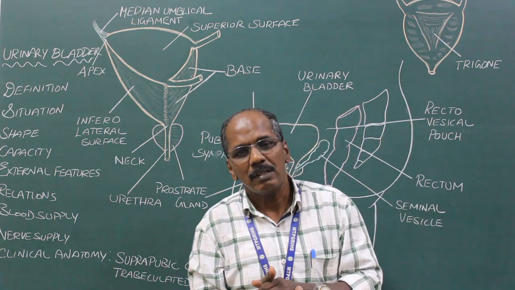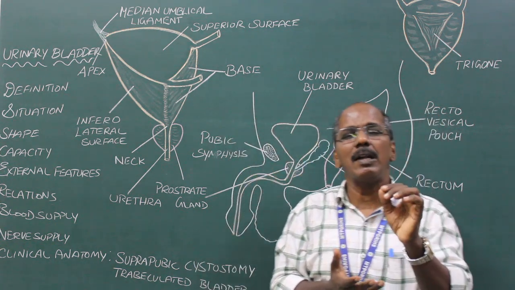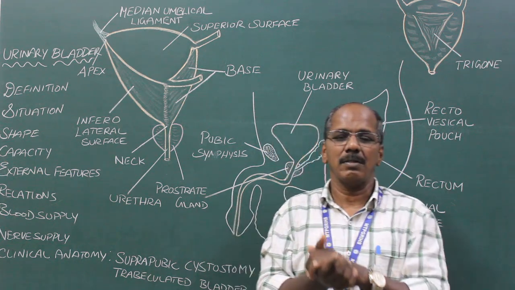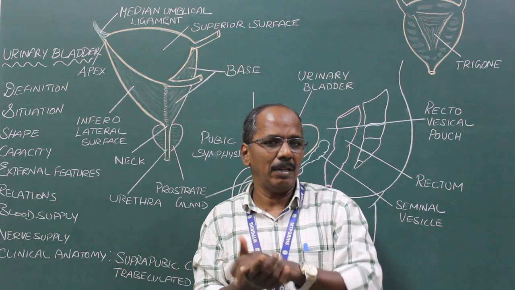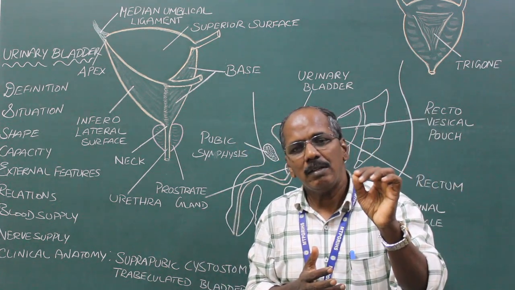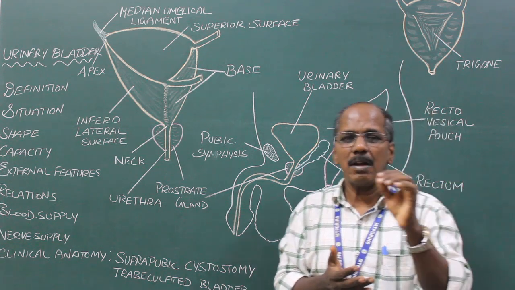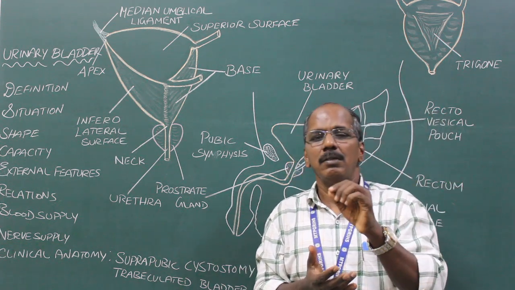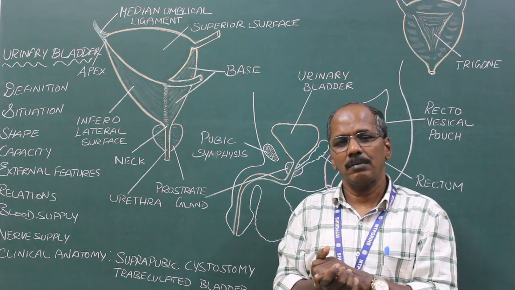Lymphatic drainage: the lymphatics from the urinary bladder drain into external iliac lymph nodes. Nerve supply: it has both sympathetic and parasympathetic nerve supply. Parasympathetic is by pelvic splanchnic nerves. Sympathetic is derived from T12 to L2 segments of the spinal cord.